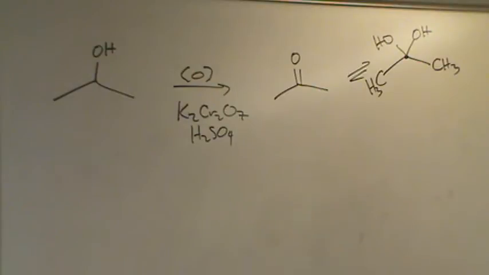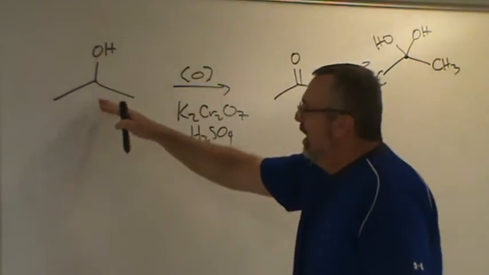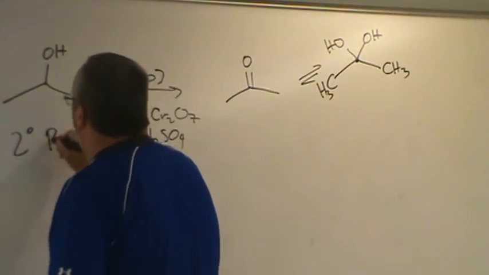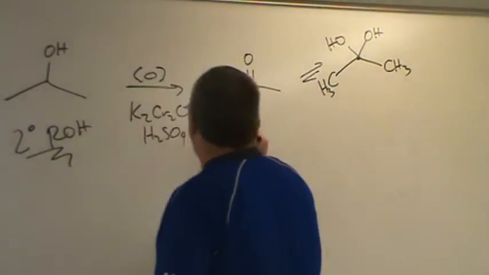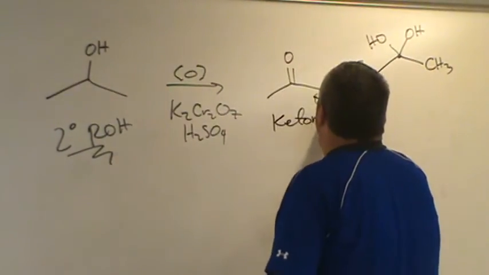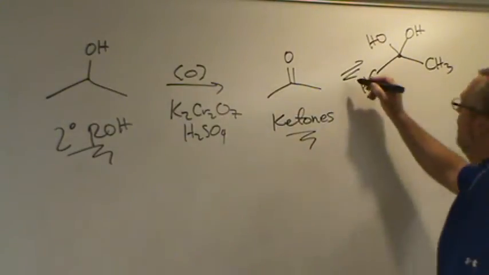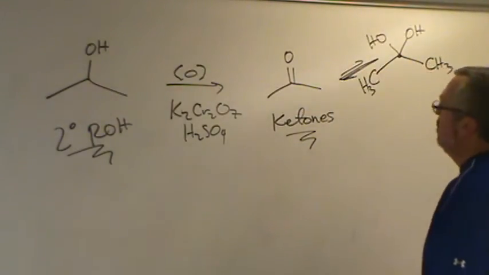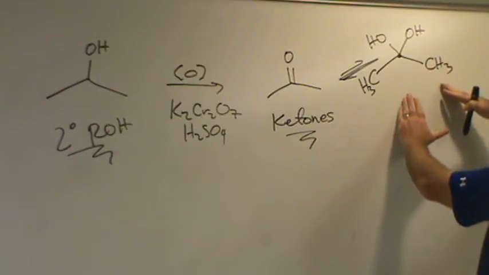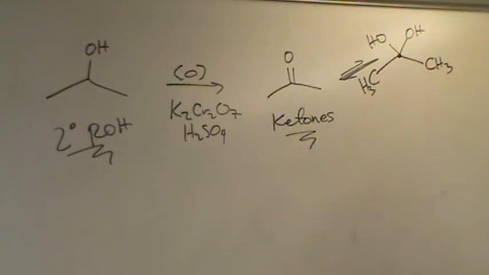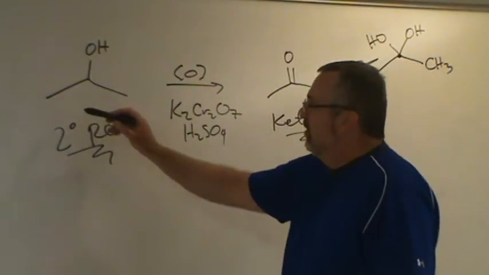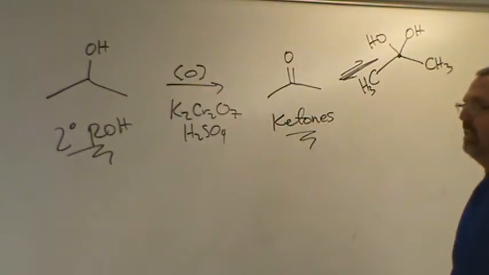So secondary alcohols will simply oxidize to give ketones, and although they are in equilibrium with gem diols under these conditions, the equilibrium dramatically favors the ketone side, and for the most part we don't even recognize that those gem diols are there in very, very small percentages. From a synthetic perspective, we would just say the secondary alcohol oxidizes to give the ketone.